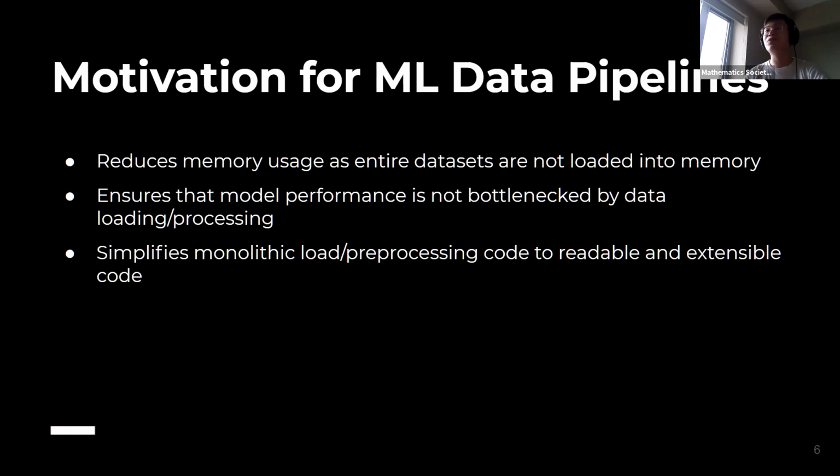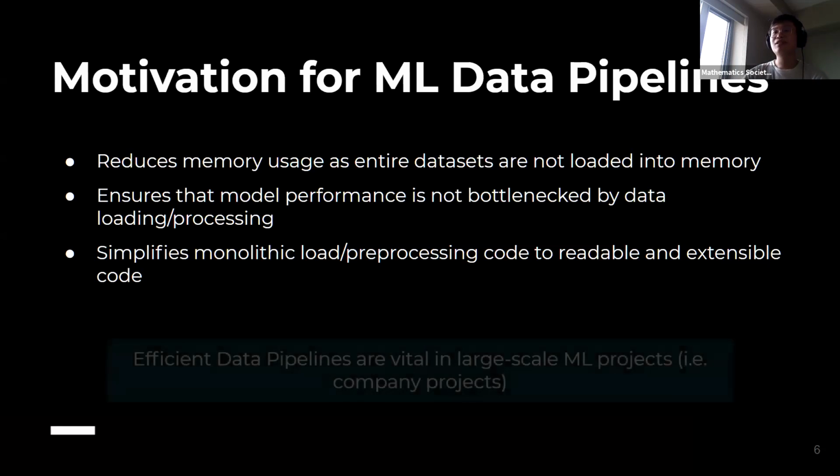There are also some performance gains we can get out of this, because there are methods we can use to make sure that our data isn't bottlenecking our training process. And as an additional nice thing, we can simplify our complex loading and pre-processing code into something more readable and extensible.